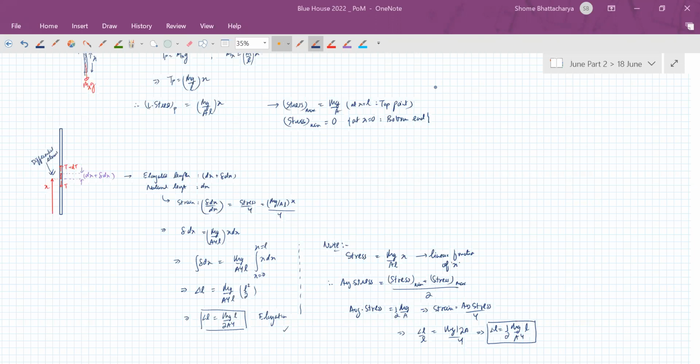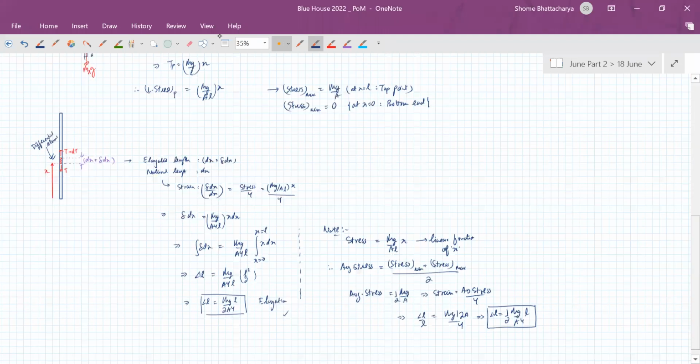Now, next thing we'll see is the concept of elastic potential energy.